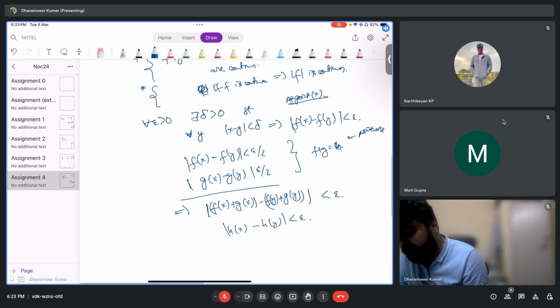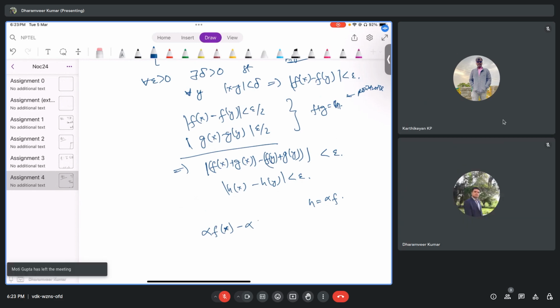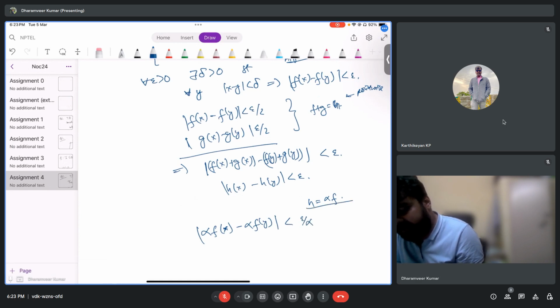Now again, if you want to multiply by alpha, so again define h is equal to alpha f. So now we have, for any arbitrary alpha, that alpha is given, you define like this.